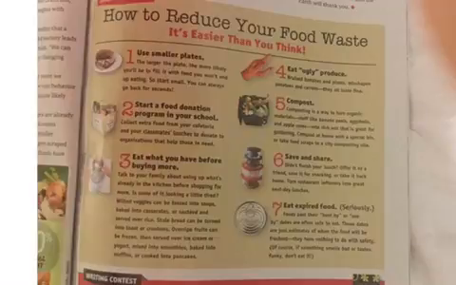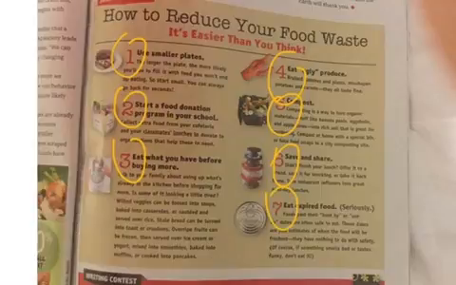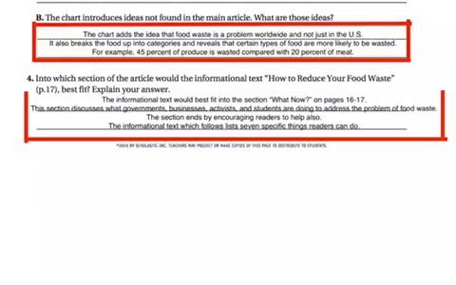And so that's obviously how it relates. This is giving you tips. In fact, it's giving you 7 tips on what you can do to reduce your food waste. And this is clearly providing readers a solution to the problem that was discussed throughout the entire article.